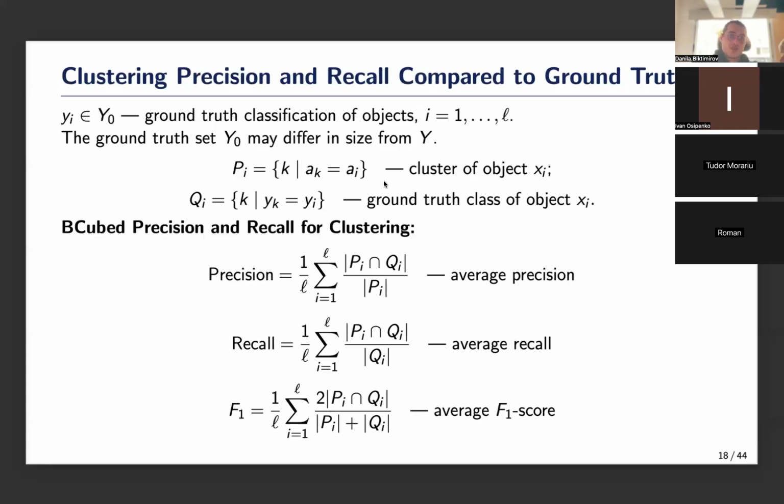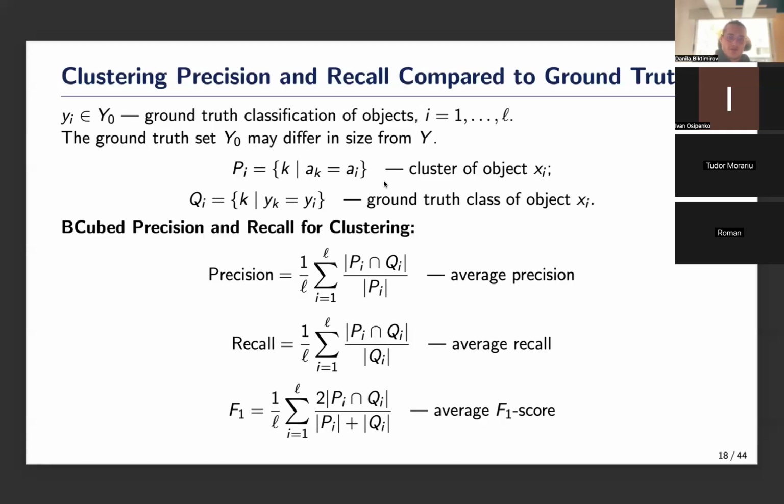The core idea of B-cubed evaluation is that for each object X, we compare the cluster assigned to the object by the algorithm and the true class of the object according to the ground truth labels.